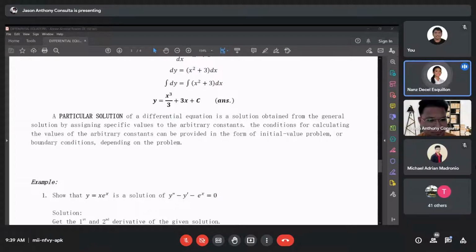So, since common po yung or may similar term po, pwede po natin siya i-merge. So, magiging kalabasan po is the second derivative of y with respect to x is equal to x times e raised to x plus 2e raised to x. Yun na po.